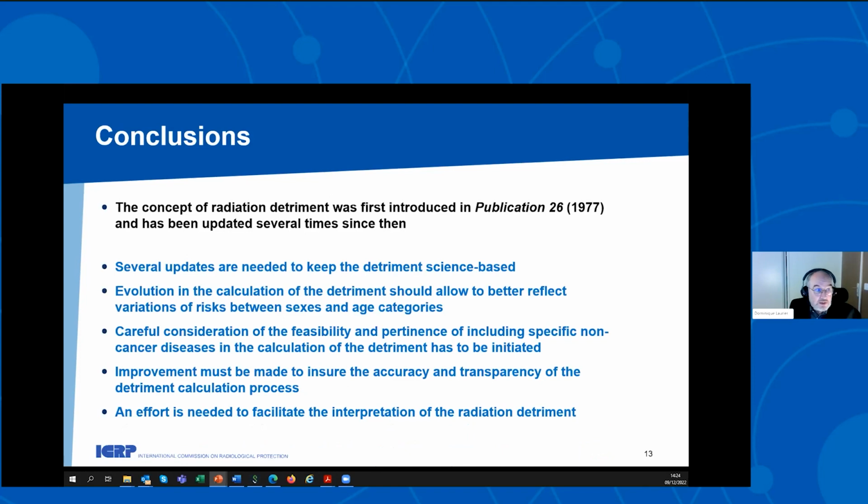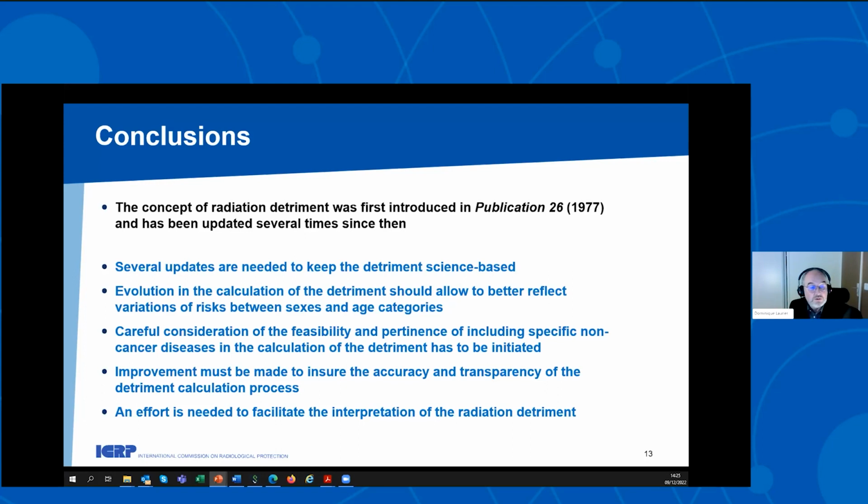Also, the evolution in the calculation of the detriment should allow to better reflect variation of risk between sexes and age categories, even if we keep only one single indicator finally for the application of radiation protection. A careful consideration of the feasibility and pertinence of including specific non-cancer disease, especially long-term non-cancer diseases, in the calculation of the detriment has to be initiated.